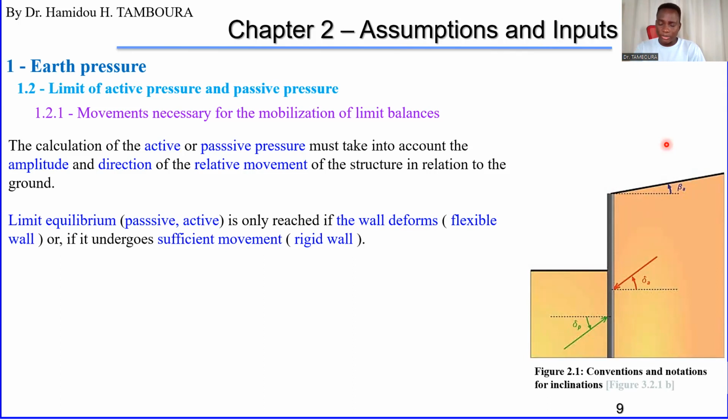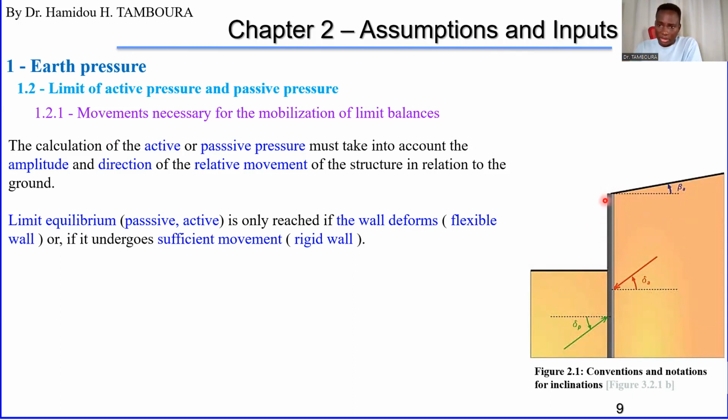In that case, you don't need a retaining wall. It means the cohesion of the soil behind here is enough to maintain the soil mass. That's the meaning. In that case, any retaining wall here is not working. So for the wall to work, it has to move.